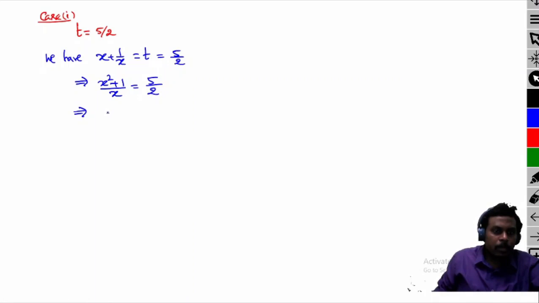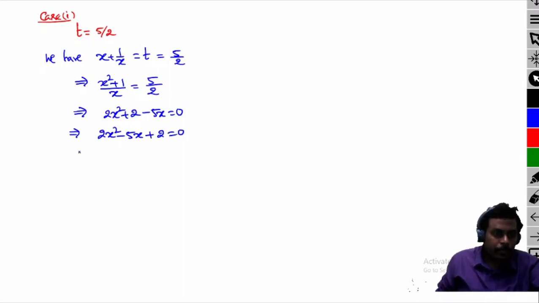This is 2x square plus 2 minus 5x is equal to 0. So this is 2x square minus 5x plus 2 is equal to 0.